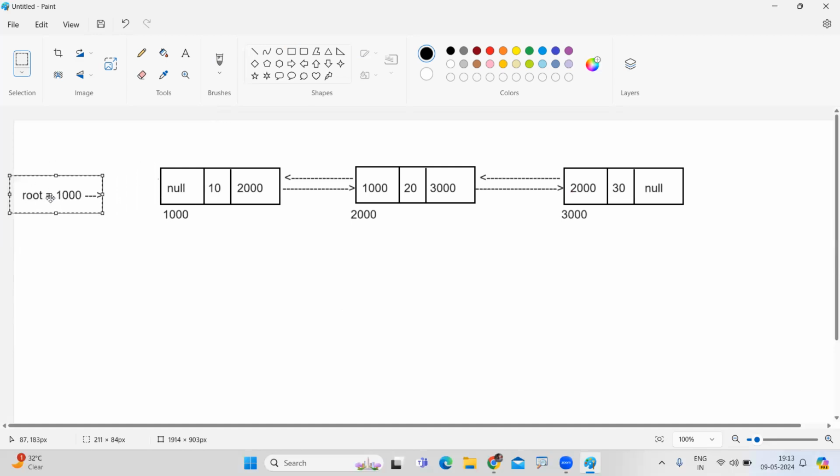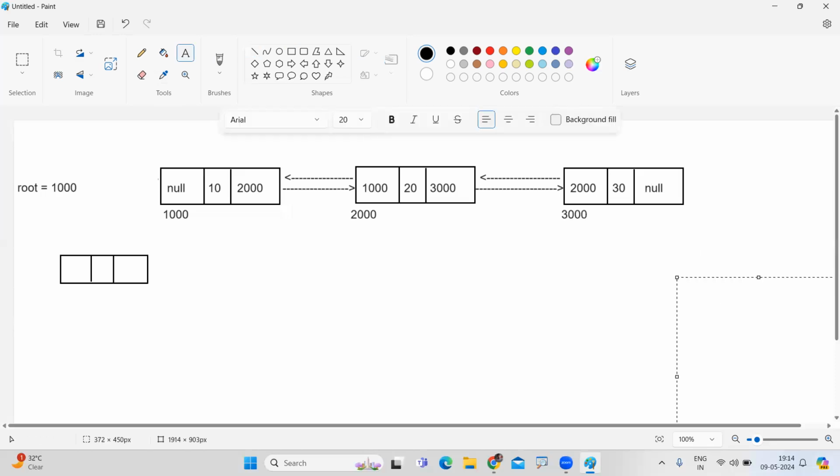Okay. First one, suppose root is 1000, consider. Add first. I'm writing the code for add first. So, creating the node. Initially, how can you represent the class node?